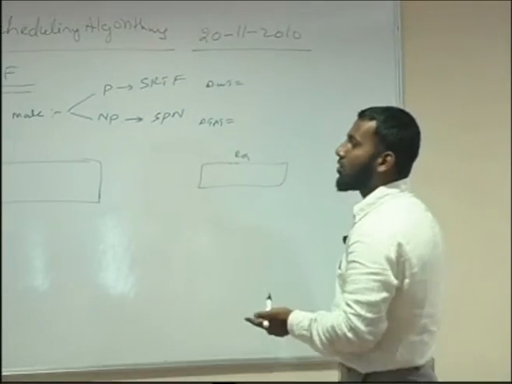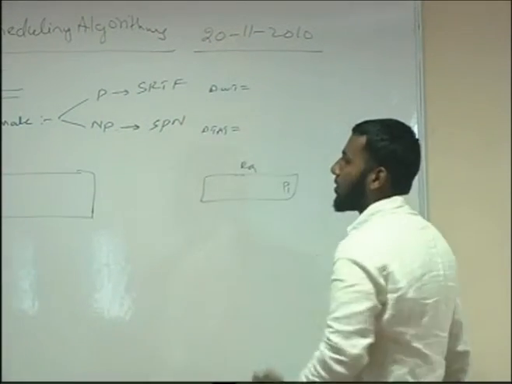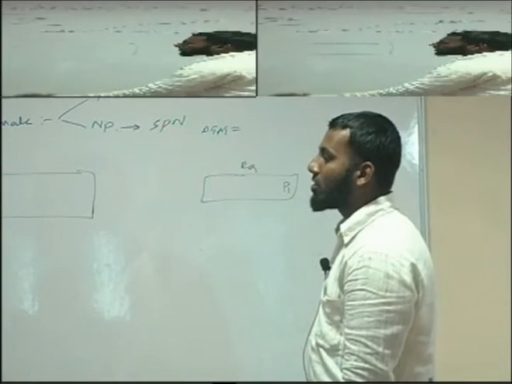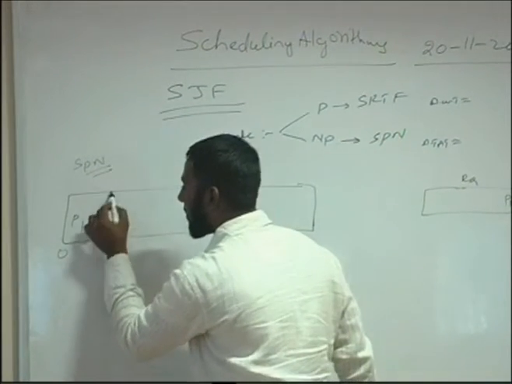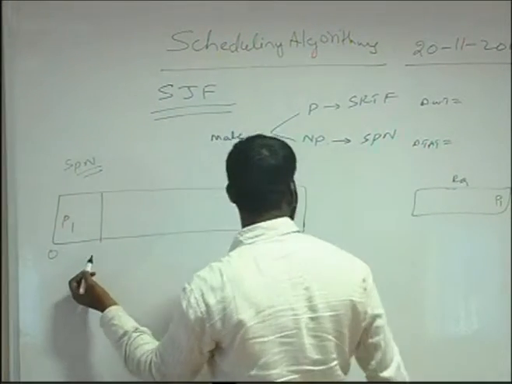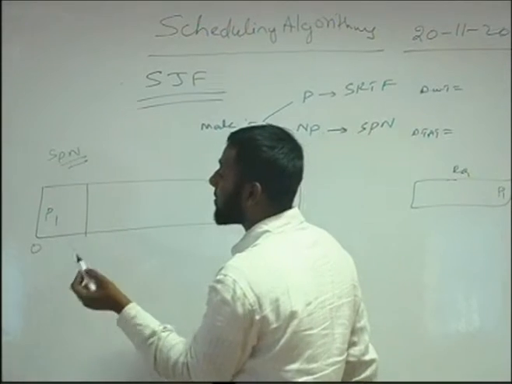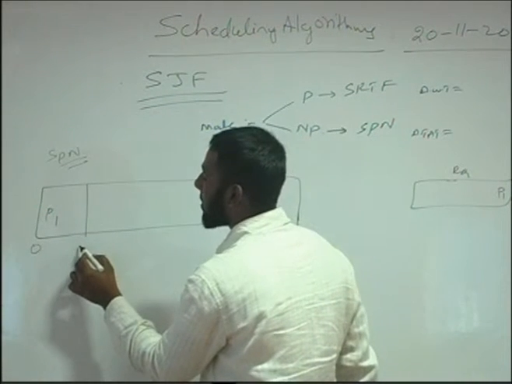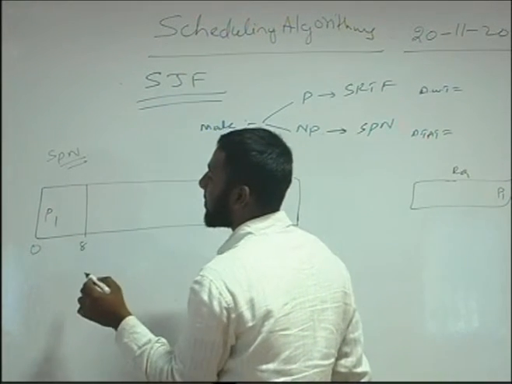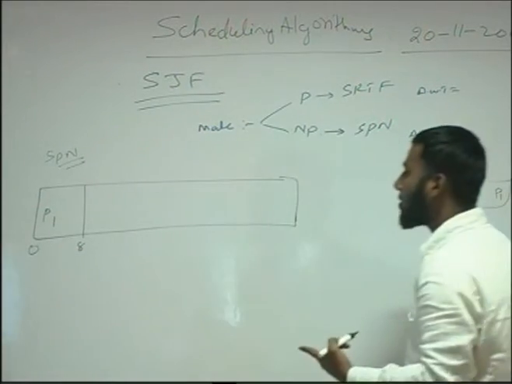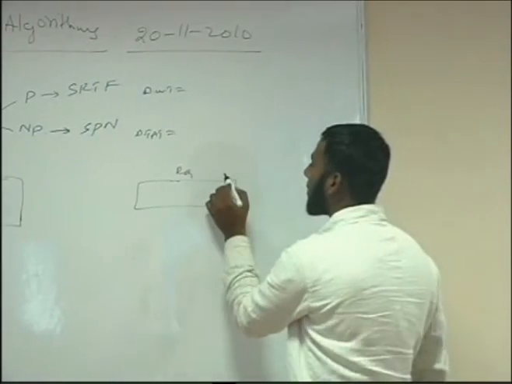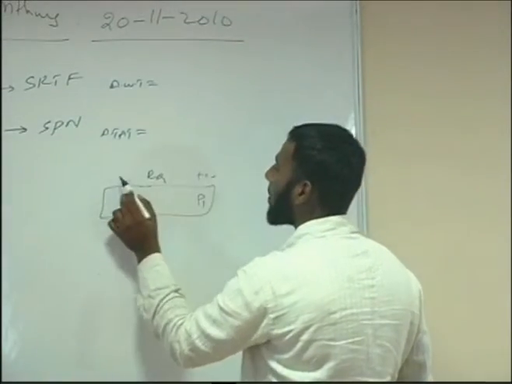So now at time 0, process P1 enters into the ready queue. So when process P1 is entered, then process P1 will be given chance for its execution, and it will execute to its burst time. So the burst time is 8 units of time. So after 8 units of time, from time t equal to 0, now we are at time 8.